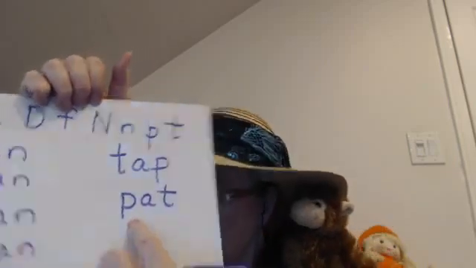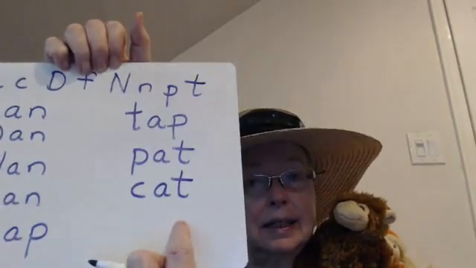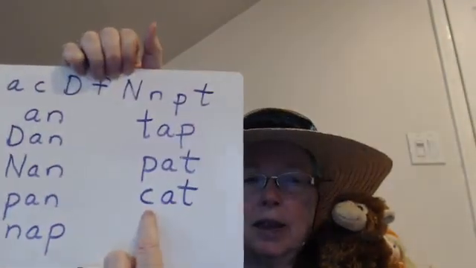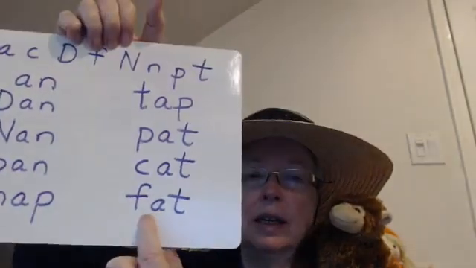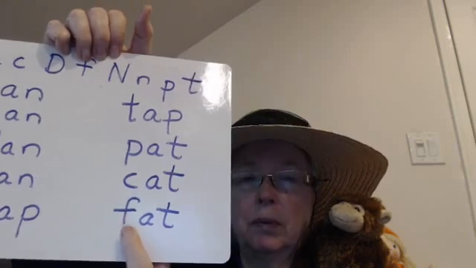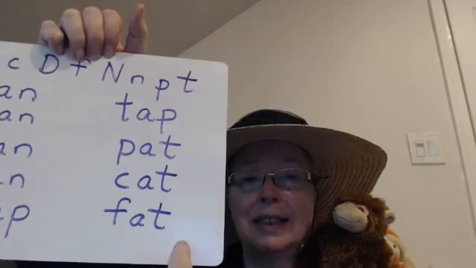Let's remove the P and use a lowercase c, k, at, cat. And let's replace the C with an F. We still have the AT, but we added the F. F makes the sound of f, and this word is fat.